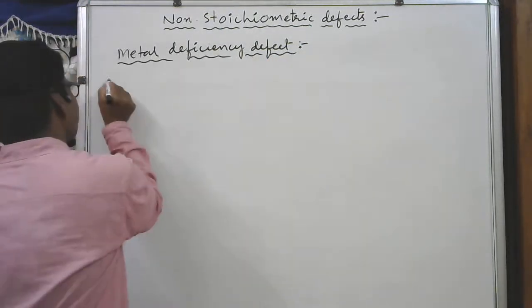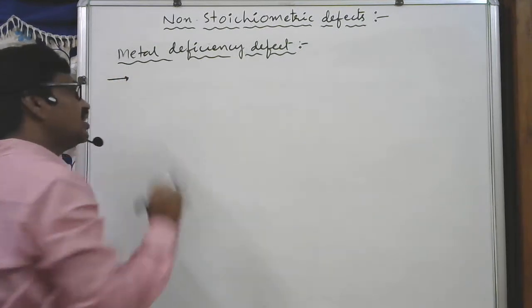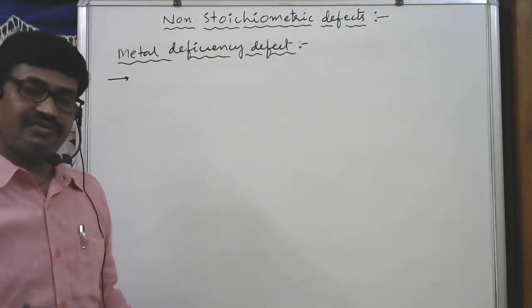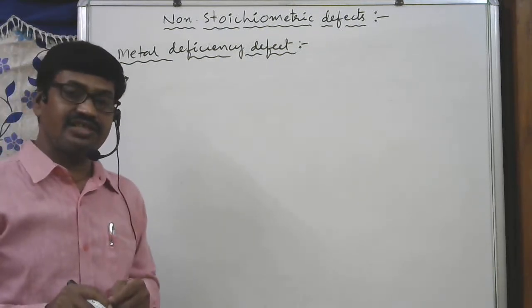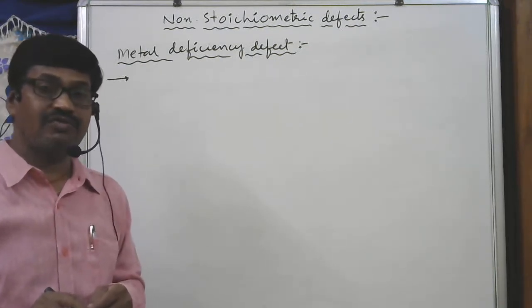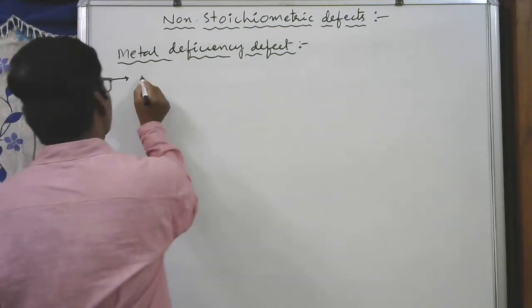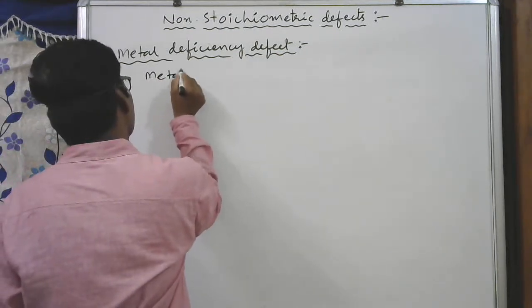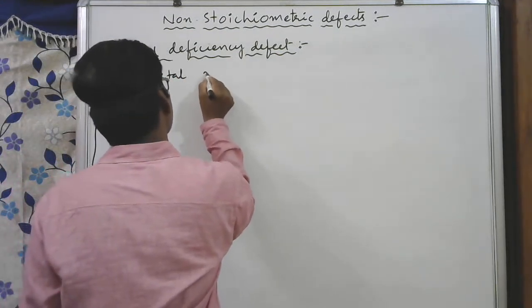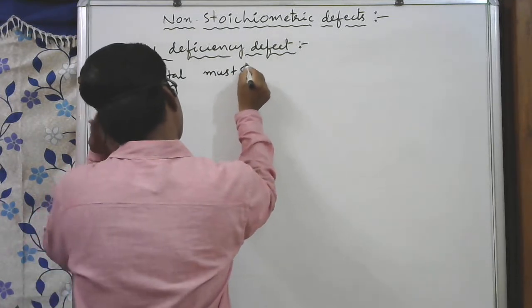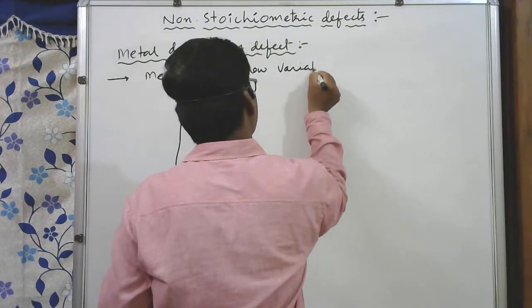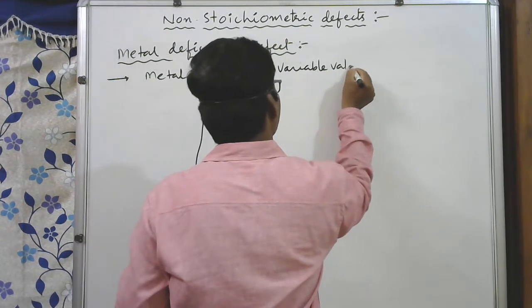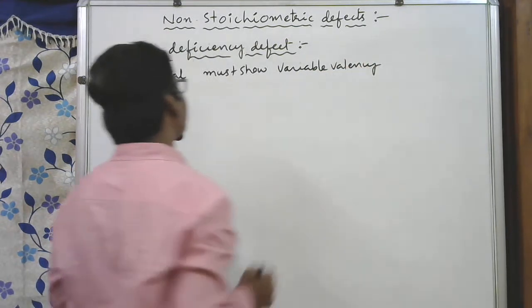First of all, the metal which is present in the crystal lattice must show variable valency, meaning more than one valency or oxidation number.